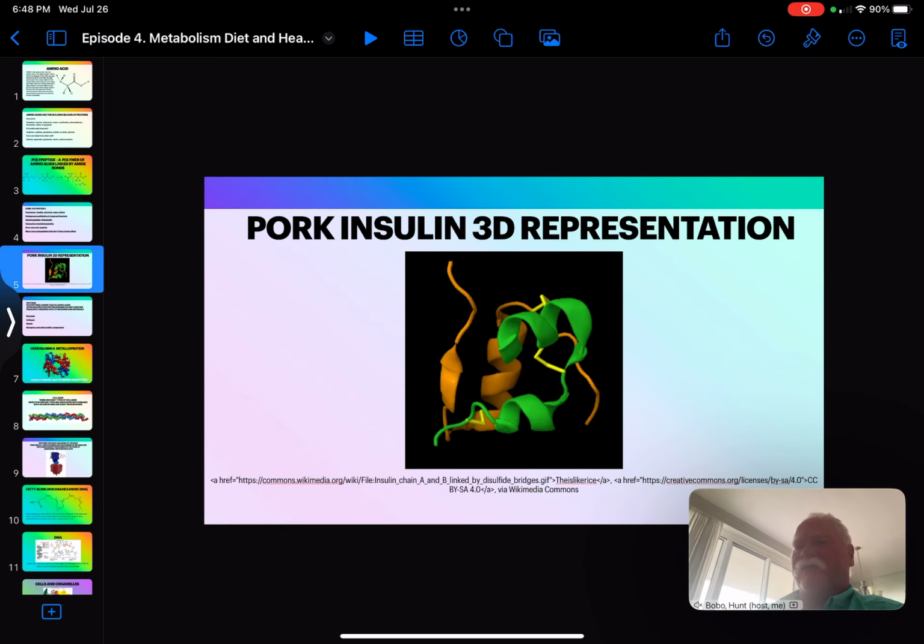This is a picture of pork insulin. We were saying that was a polypeptide. See how it's folded up. I make no apologies for cartoons. We actually can't do a good job of visualizing these things at this magnification.